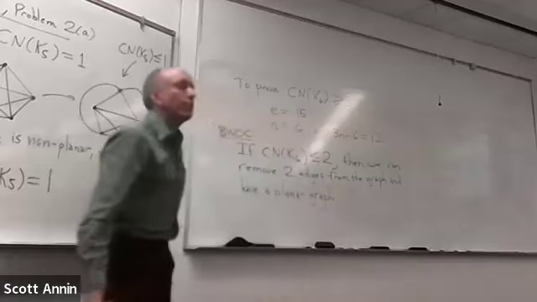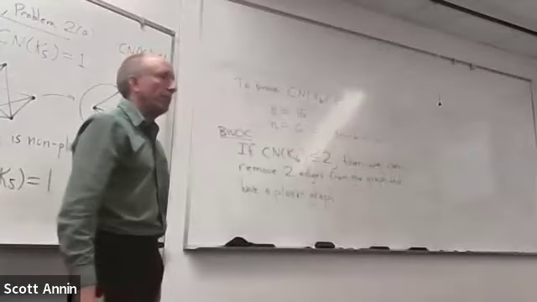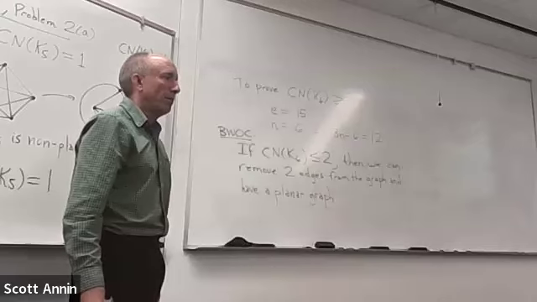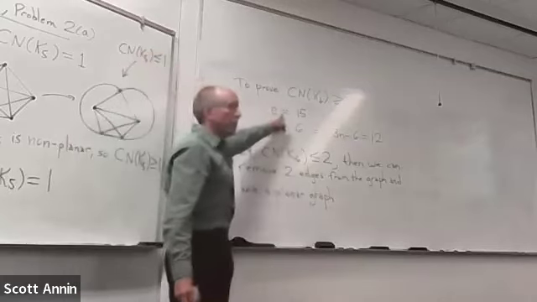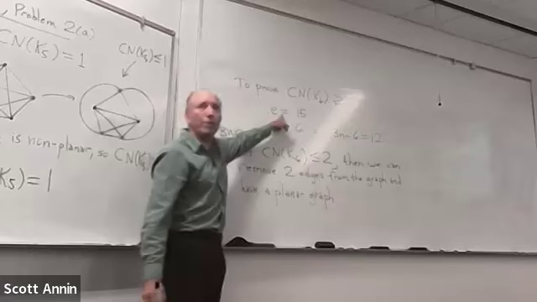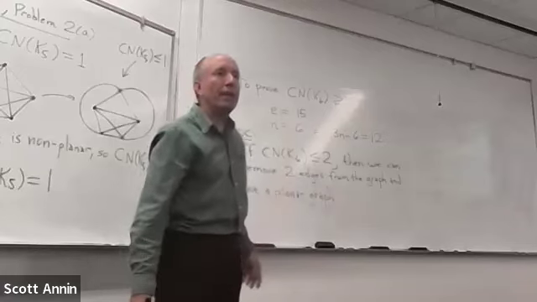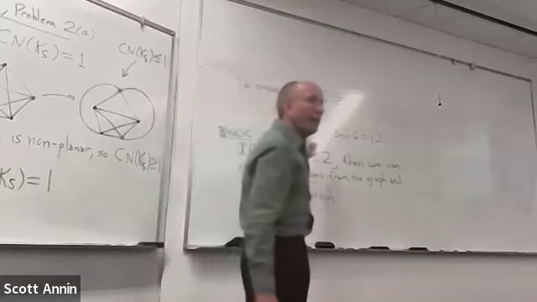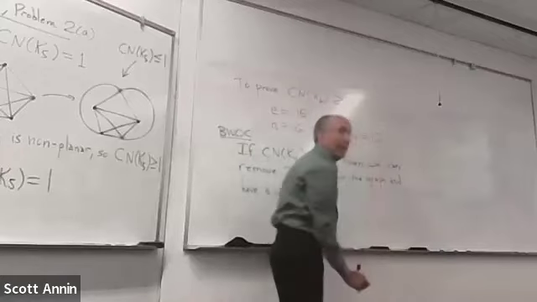Okay, but the thing is, if we remove 2 edges, how many edges do we have? Here's how many edges we started with. If we remove 2 edges, how many do we have? 13, right? Well, that's still too many for this 3n minus 6 thing.